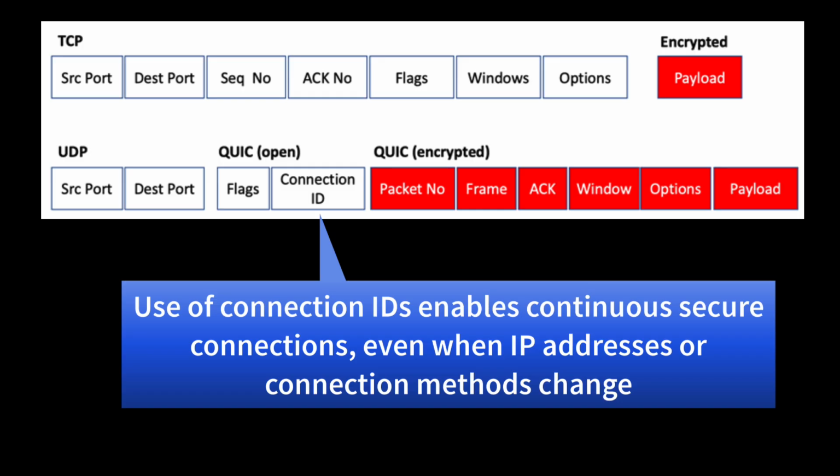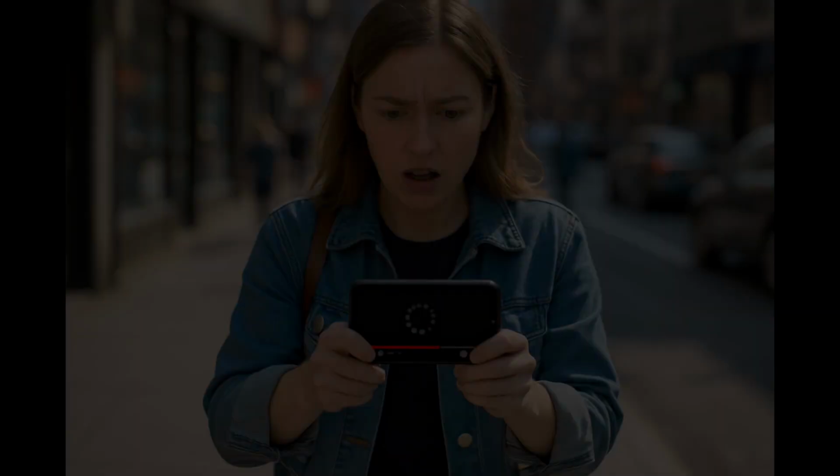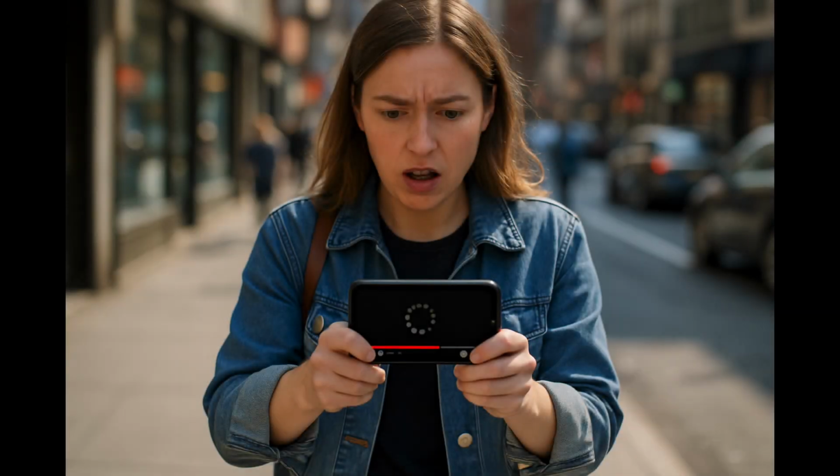When paths change, say Wi-Fi to 5G, the client can prove continuity and the server can keep state without renegotiating from scratch. For users, this means fewer drops mid-video, fewer retries on form submissions, and less frustration during handoffs. For developers, it opens the door to smoother background syncs and lower abandonment during network transitions.